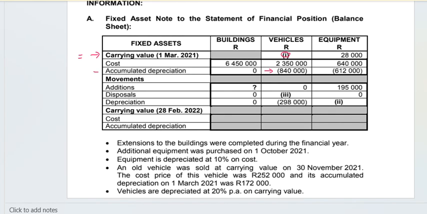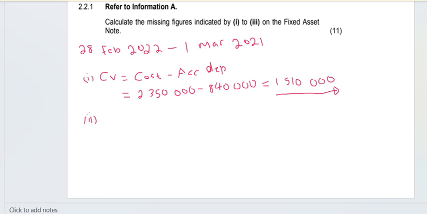Figure number 2 is asking us to get a depreciation. So when getting a depreciation, this is what you need to know so that you will always be good in depreciation. This is the strategy that you need to know.